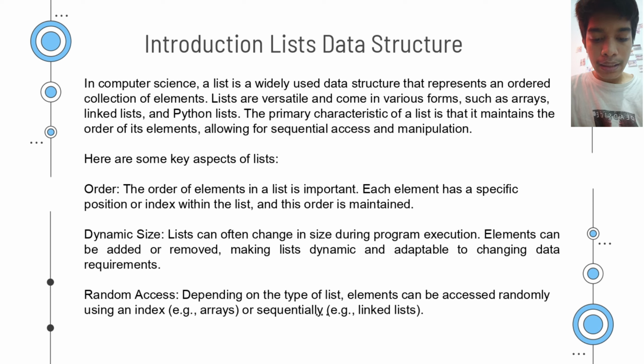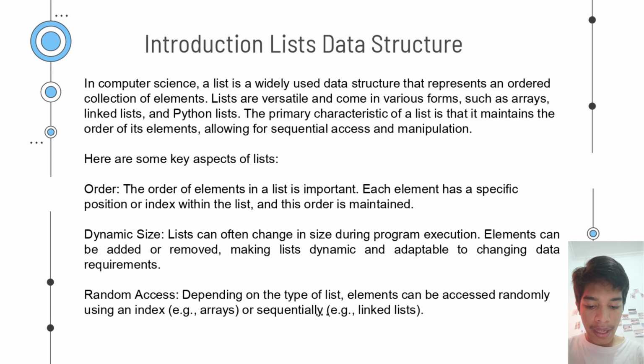So guys, this is about the list data structure. As you see, you can already hear some information about the list data structure. It is used to represent an ordered collection of elements.